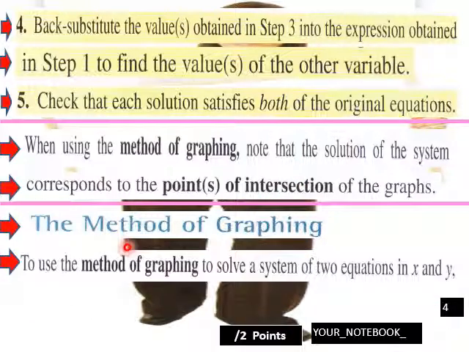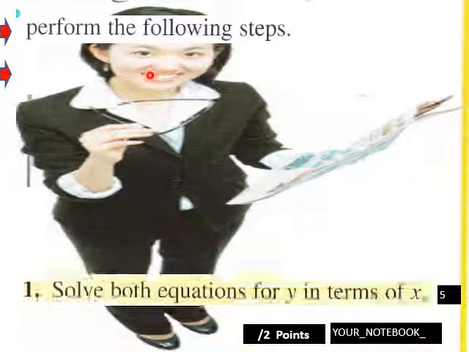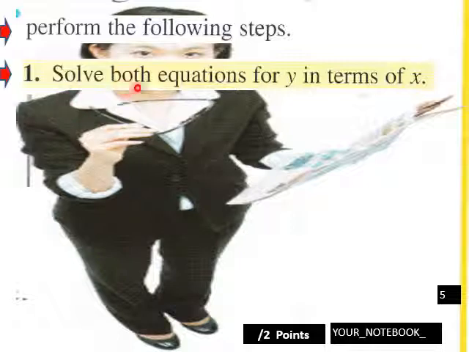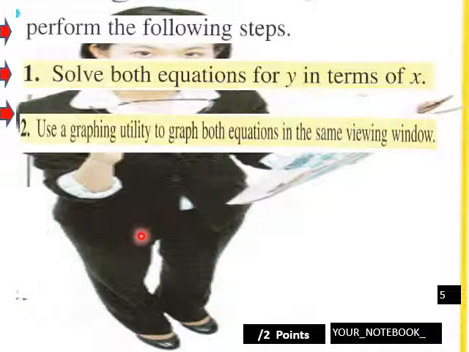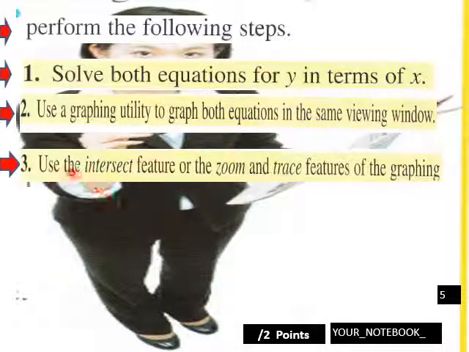The method of graphing. To use the method of graphing to solve a system of two equations in x and y, perform the following steps. 1. Solve both equations for y in terms of x. 2. Use a graphing calculator to graph both equations in the same viewing window. 3.